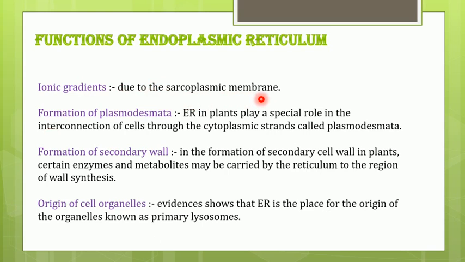Now the endoplasmic reticulum of the muscle cells is called sarcoplasmic reticulum. In these muscle cells, calcium ions are present, and the concentration of the calcium ions is responsible for carrying the nerve impulses which are coming to the muscles.